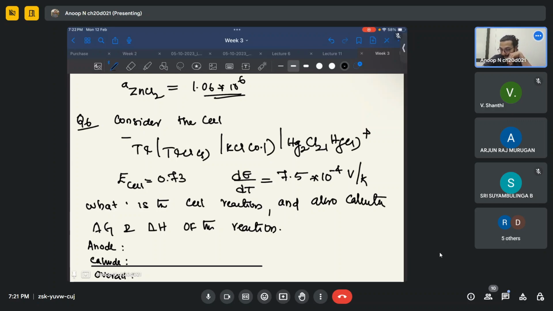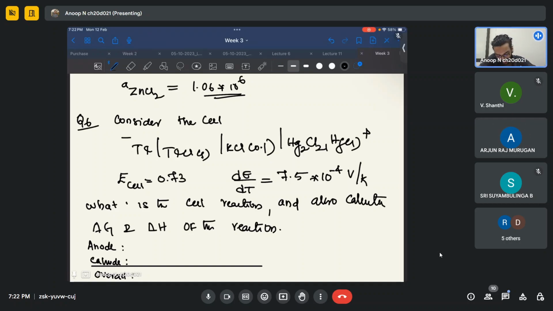Can anyone try? What will be the anode reaction? Which species will be oxidized here? Anyone? Tl.